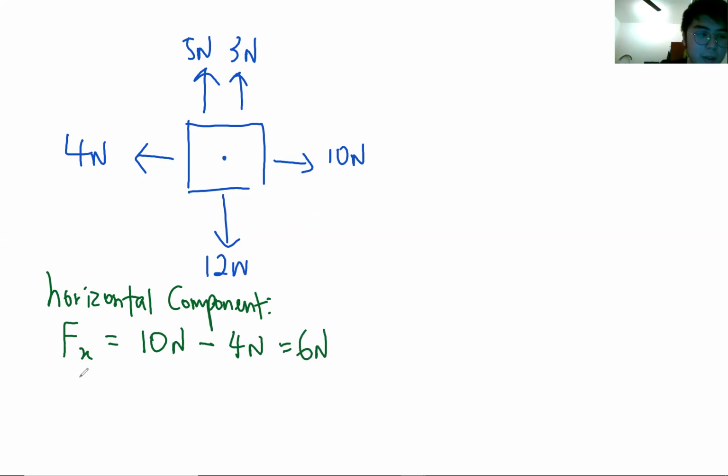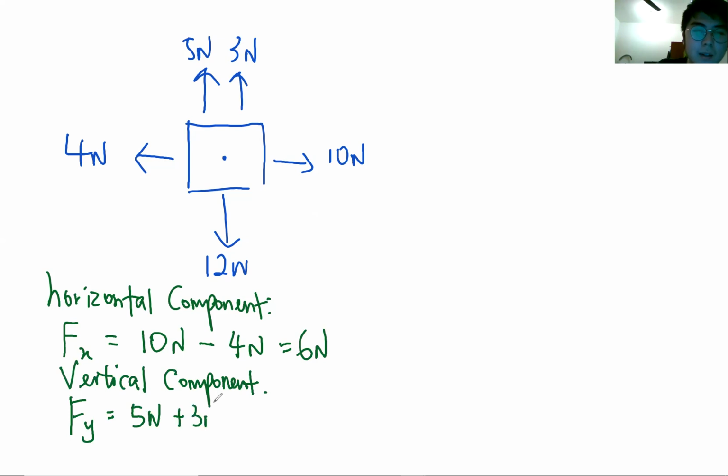So vertical component. Now for vertical component, you write Fy equals to, okay, the top acting upward, you have two forces, so 5N plus 3N, and then you have other direction, which is minus 12N. 8减12, so negative 4N.